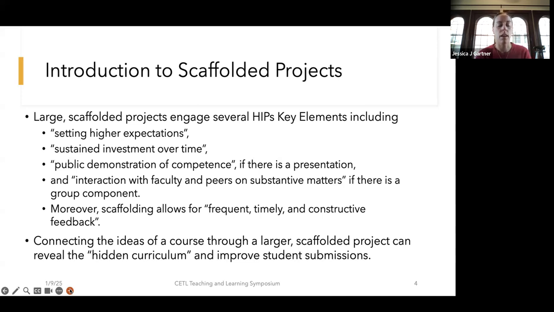I won't just read them, but a lot of it is really allowing students to have and meet higher expectations, allowing more frequent timely feedback. There's a lot of pros by introducing these into your courses.